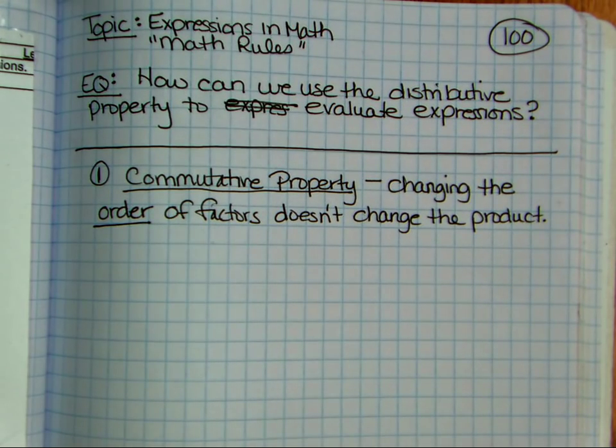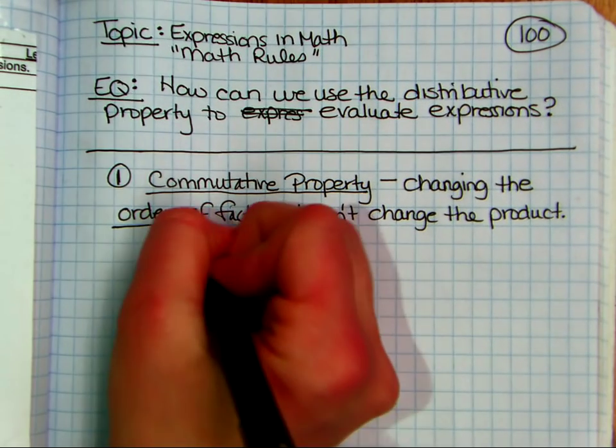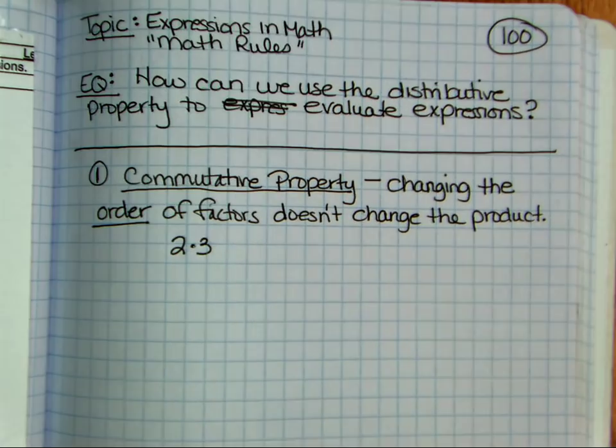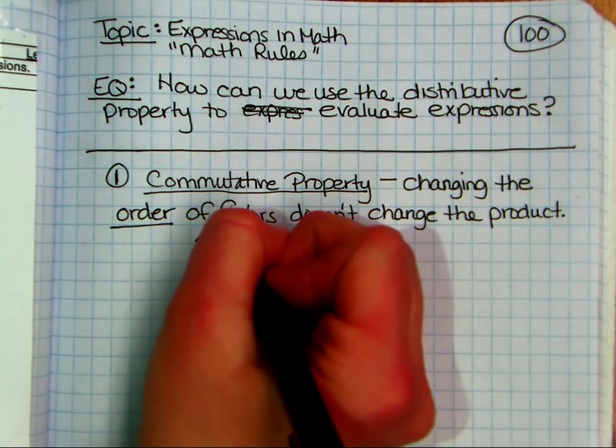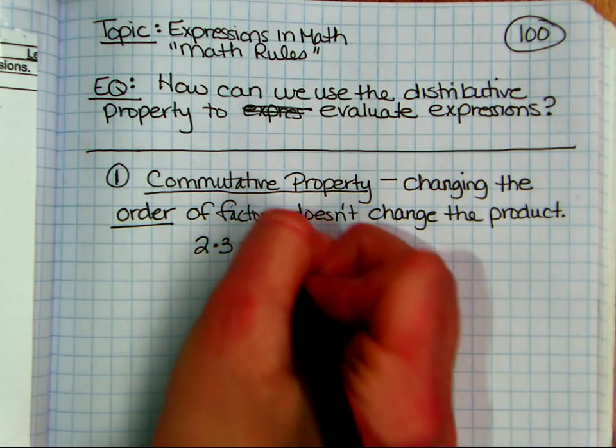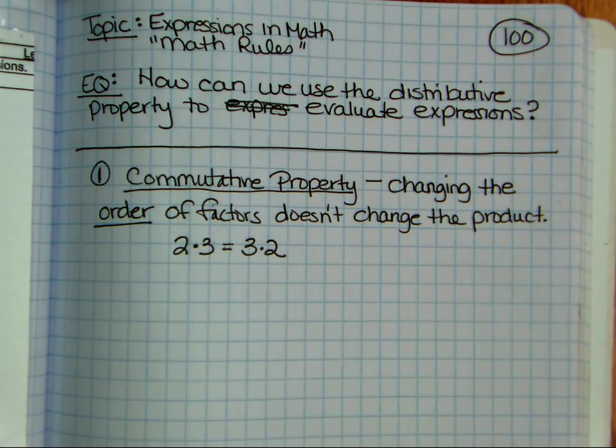So if you have like 2 times 3. 2 times 3 equals what, class? 6. Thank you, 6. Well, doesn't also 3 times 2 equal 6? It doesn't matter whether the 3 comes first or the 2 comes first. Either way, it equals 6.